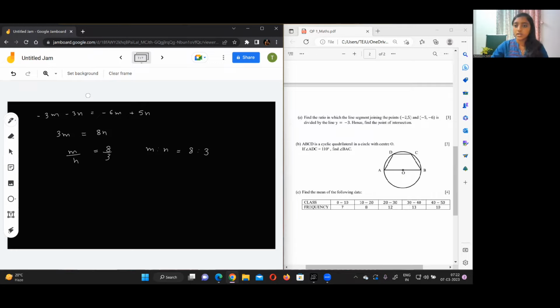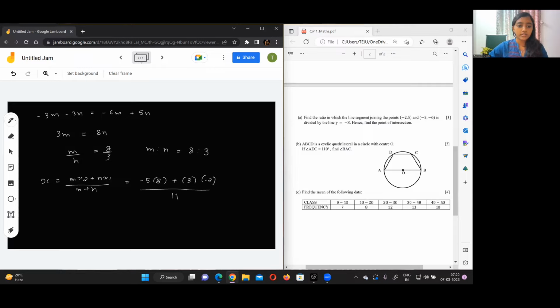We now know the ratio. They have asked us to find the point of intersection. So basically you need to find the x value. So for x, you say x is equal to mx2 plus nx1 by m plus n. So what it comes to is -5 into 8 plus n, that is 3, into x1, which is -2, by m plus n, 8 plus 3 is 11.